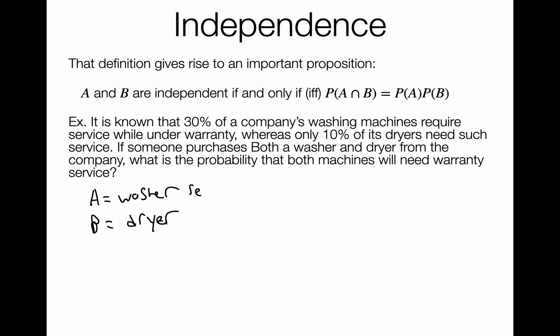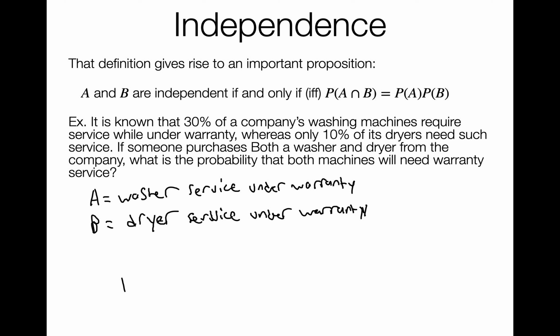So we'll say A is washer service under warranty, and B is dryer service under warranty. Okay, so A is washer service, B is dryer service. Again, apologies for bad handwriting.